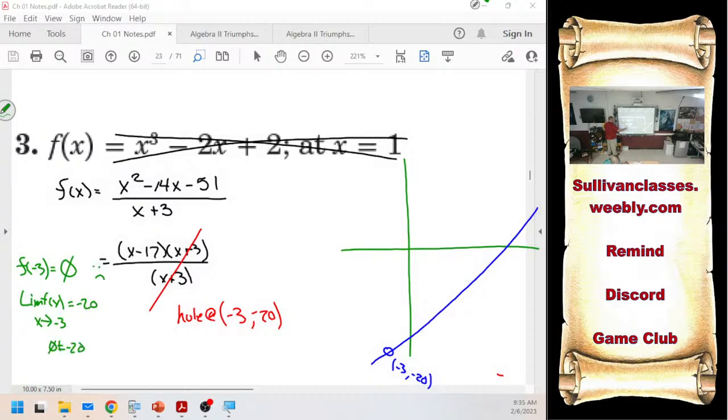It fails, passes, fails. Because it's a hole, I will say removable discontinuity at x is negative 3. So that's the difference between they're going to give you a value to test versus I just got to know what features create discontinuity and test there. Okay?